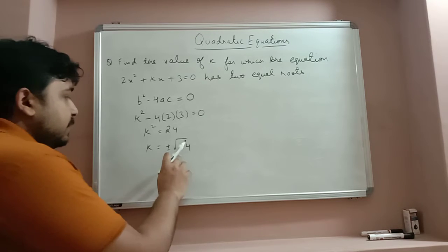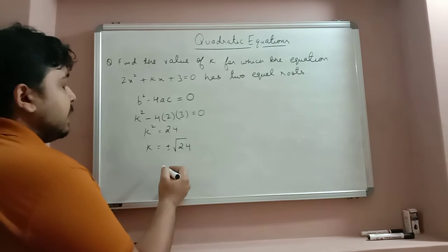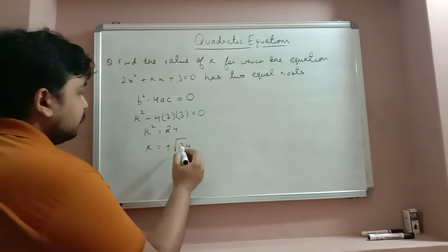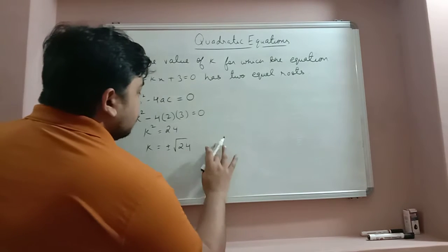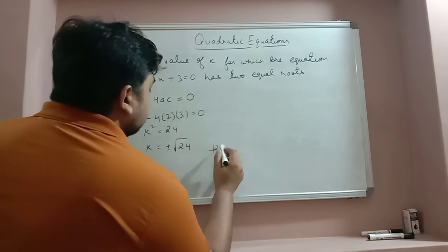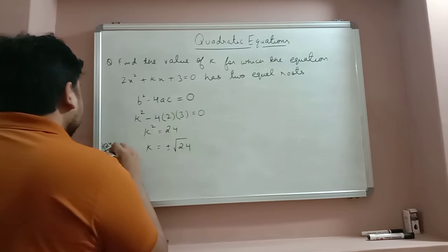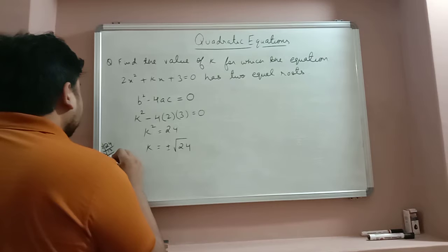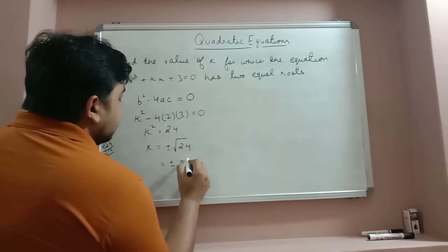Now let's simplify this square root 24. Square root 24 can be written as root of 4 into 6, so this can be written as plus minus 2 root 6.